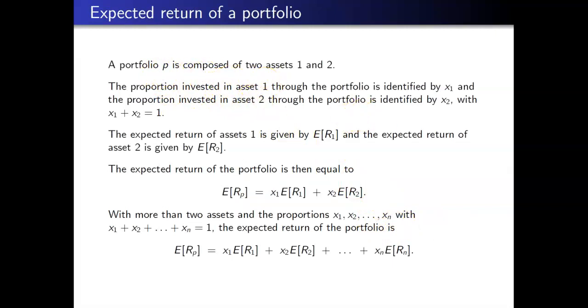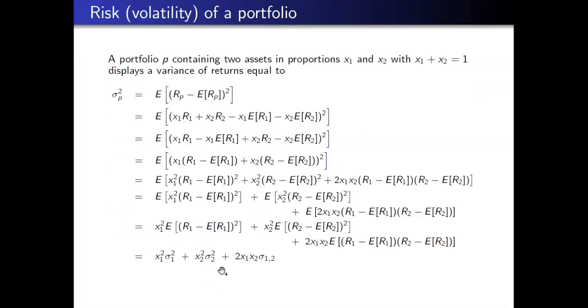The proportion invested in asset 1 is identified with x1, and the proportion invested in asset 2 is identified by x2. The expected return of the portfolio is the weighted average of each expected return, and the weights are the proportion of each asset in the portfolio. If we have more than two assets, we do the same exercise to compute the expected return.